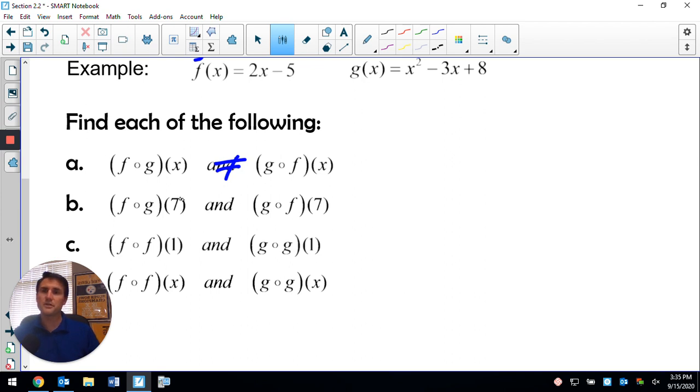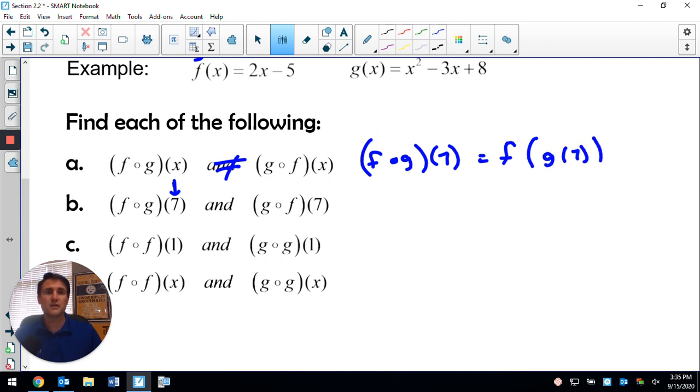We are going to substitute 7 for the x. So this first one here, f of g of 7, is telling us to plug in g of 7 into whatever that result is, plug it in to the other one.